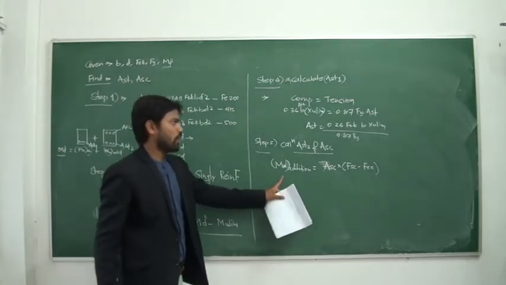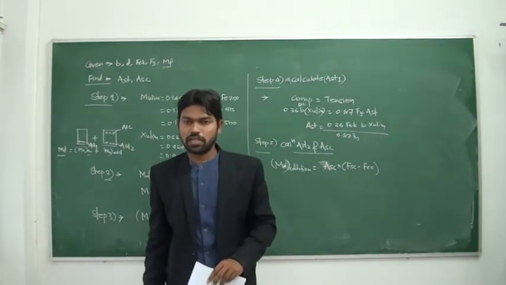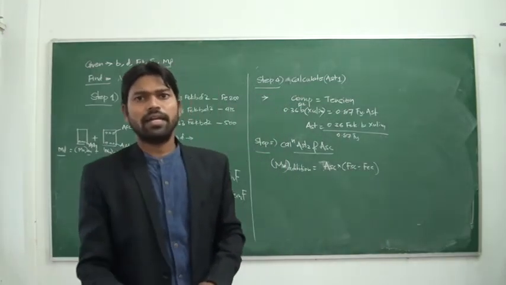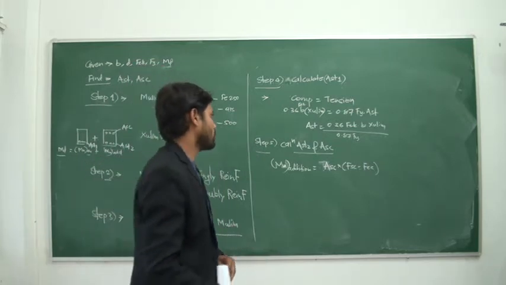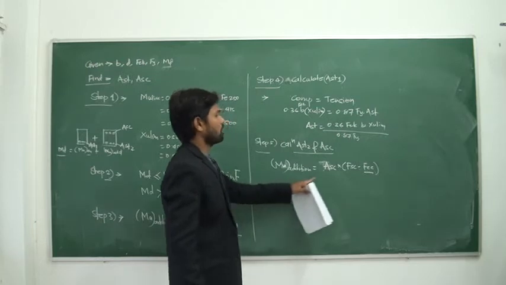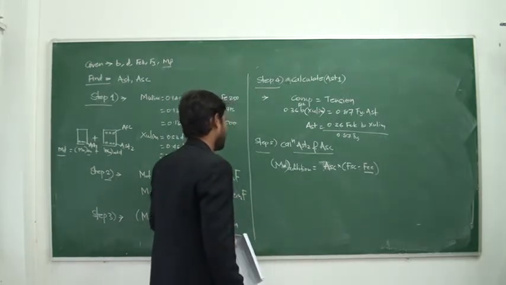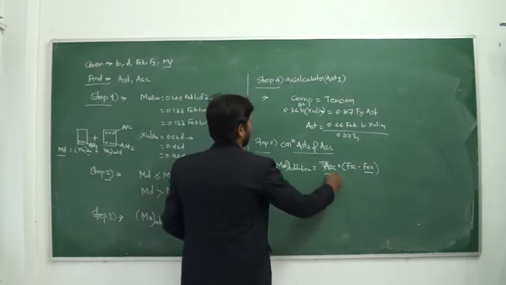You have to substitute the value of mu additional. FSC and FCC you can calculate from the chart. FSC can be calculated from the chart and FCC is equal to 0.446 FCK. Then you can calculate the value of ASC, there is only one unknown value over here. So this is how we can calculate ASC.